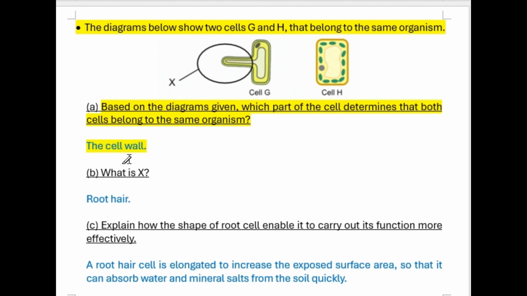B. What is X? Root hair. C. Explain how the shape of root cell enables it to carry out its function more effectively. A root hair cell is elongated to increase the exposed surface area so that it can absorb water and mineral salts from the soil quickly.